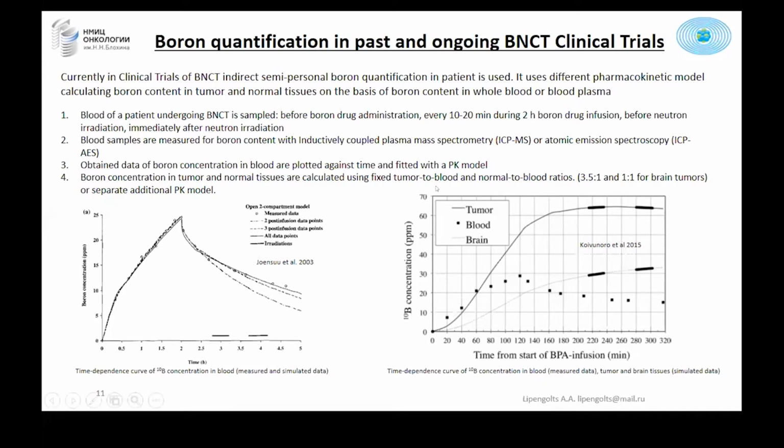And you can see an example of this pharmacokinetic model application by Finnish scientists. Dots are measured values of boron concentration in blood, and these curves correspond to the concentration of boron in normal tissue and in tumor tissues.